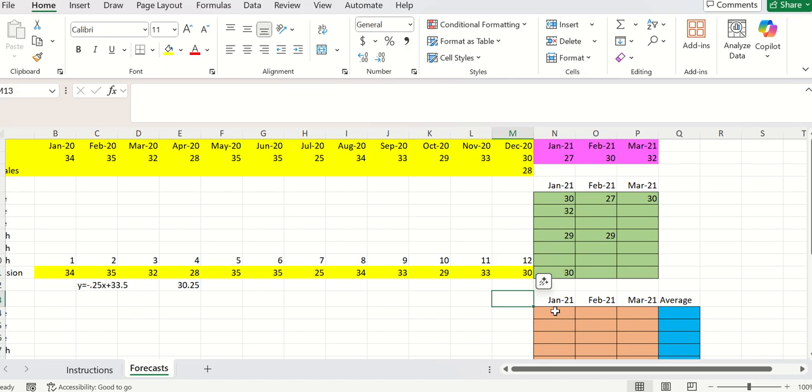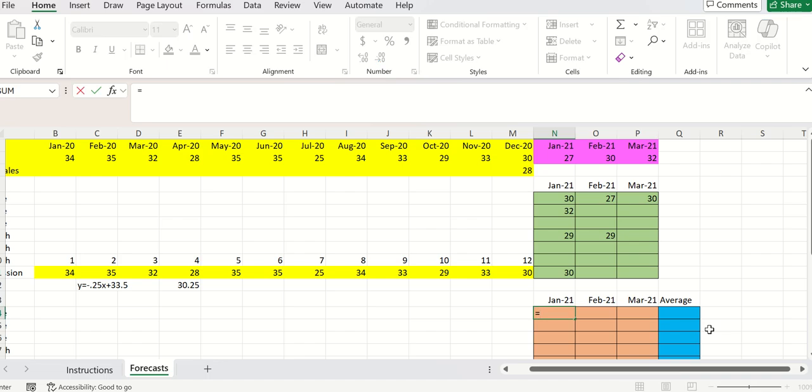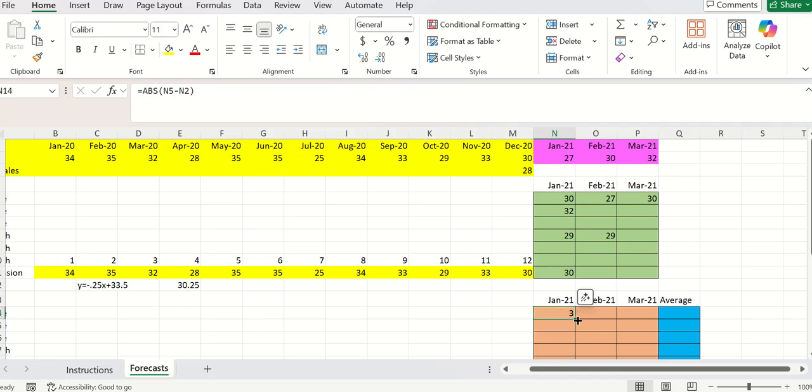Last step, calculating the MAD. MAD is the mean absolute deviation. That means I'm going to take the absolute value of what I forecast minus what actually happened for January, February, and March of each one of my forecasts.